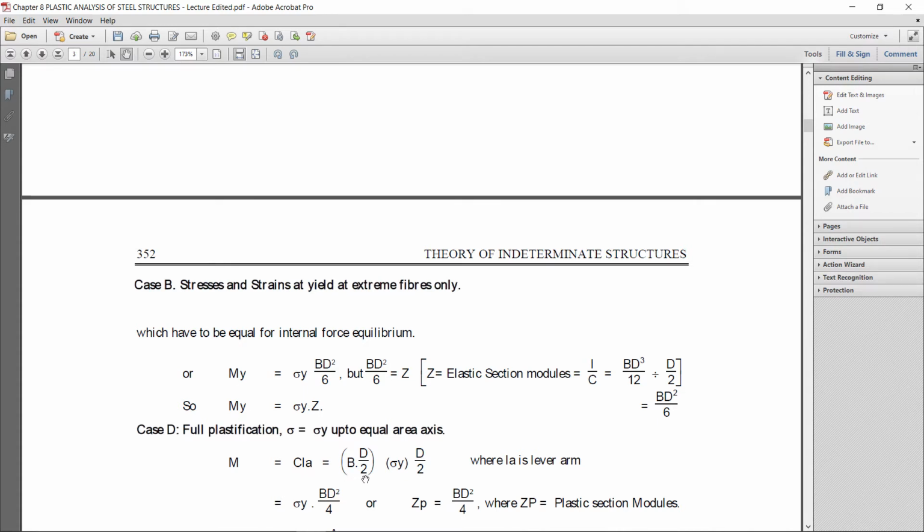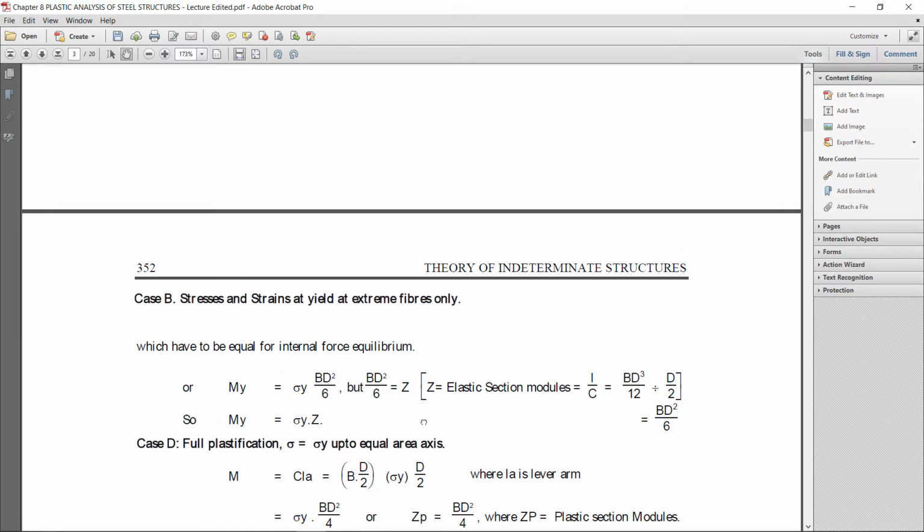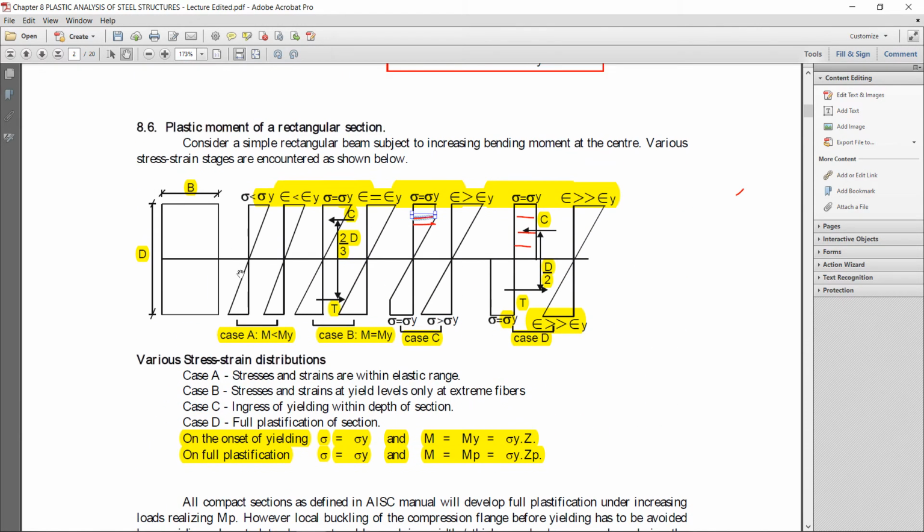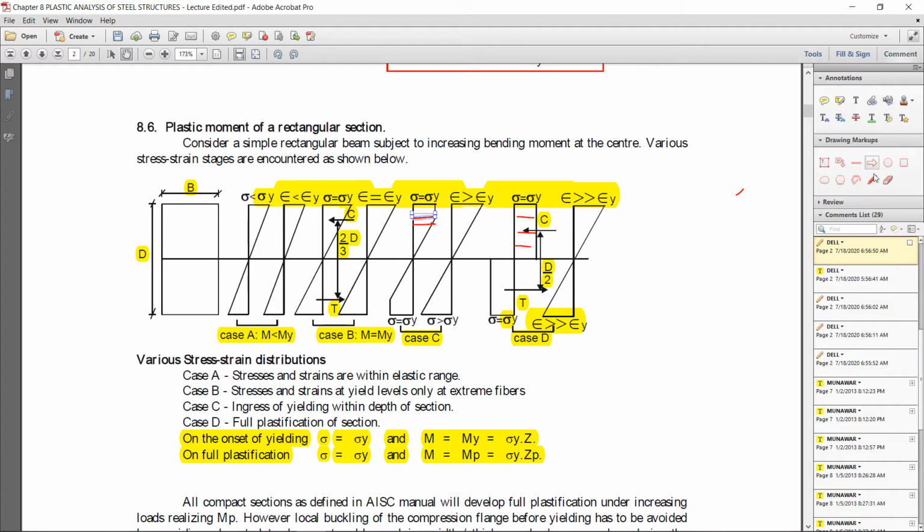Now for the force, b into d by 2. Here is the section, and this is the force which will act on it.